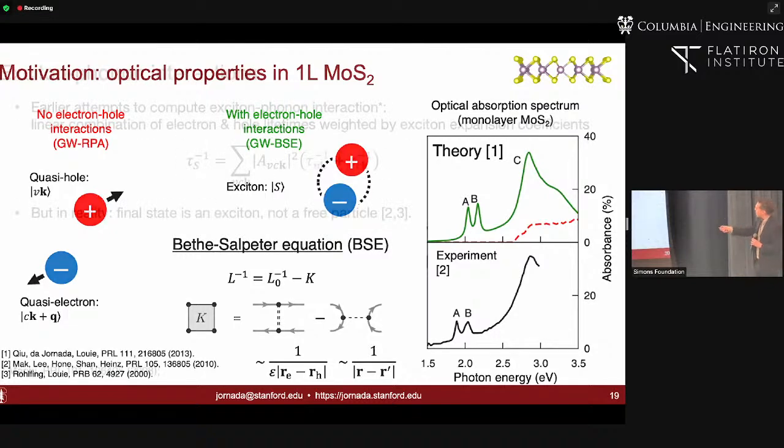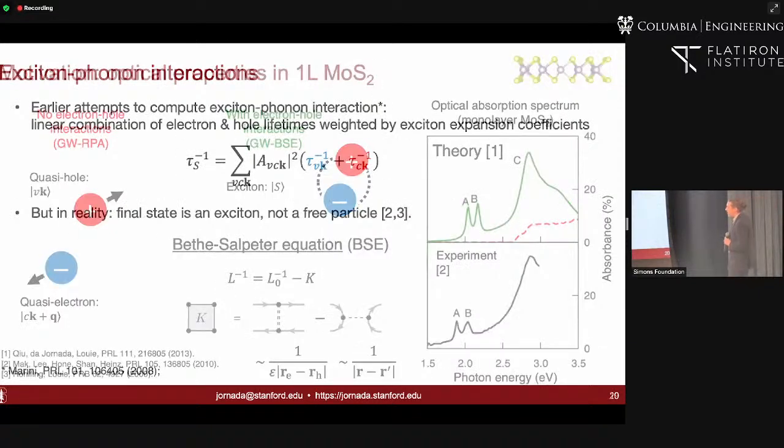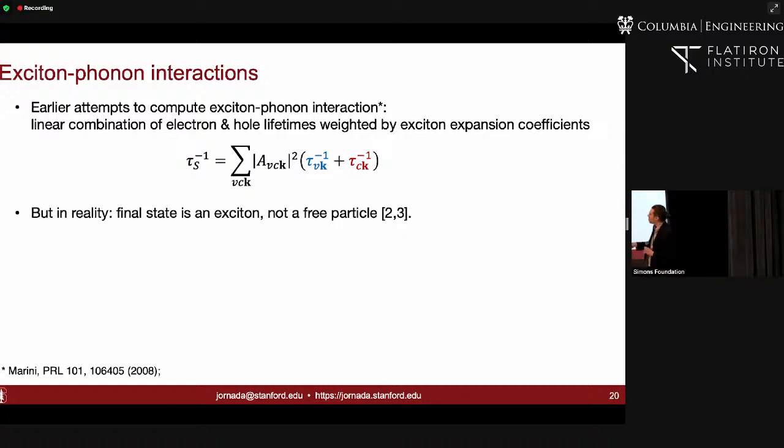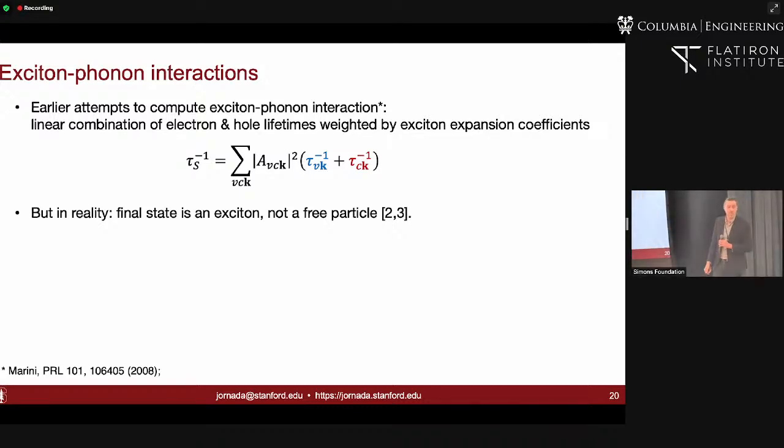So these ideas were based on earlier attempts to include exciton-phonon interactions. They're actually approximate. And the way that those earlier formalisms worked is that one would express the lifetime, or basically the exciton-phonon interaction, as a linear combination of the electron lifetime and the hole lifetime due to electron-phonon interactions, and weight those lifetimes by the exciton expansion coefficient that I introduced to you last time.